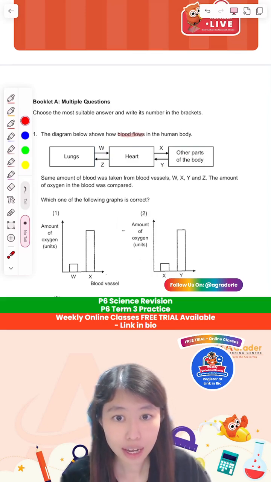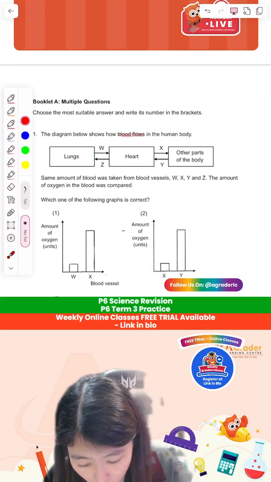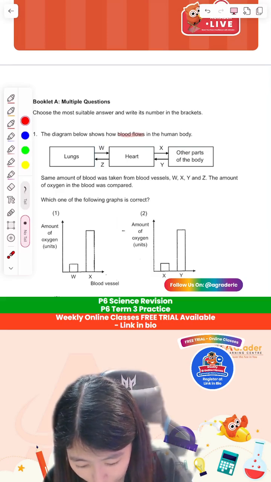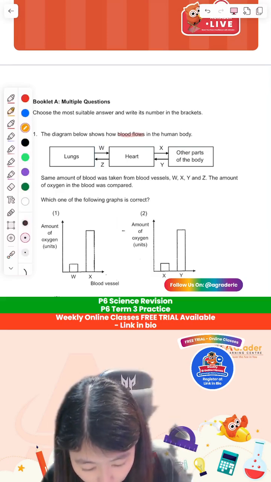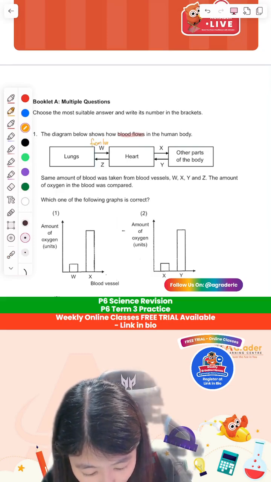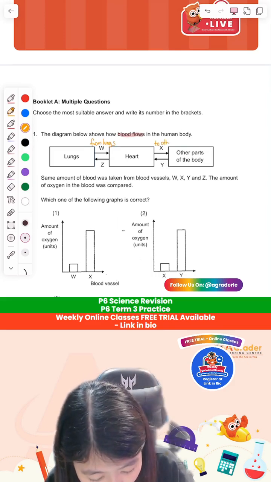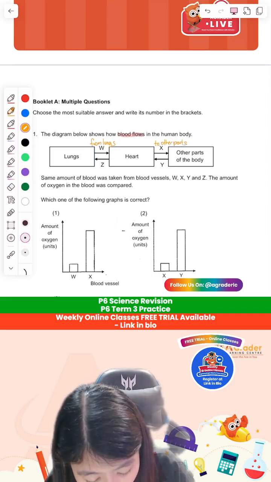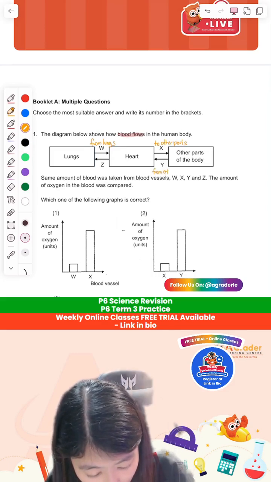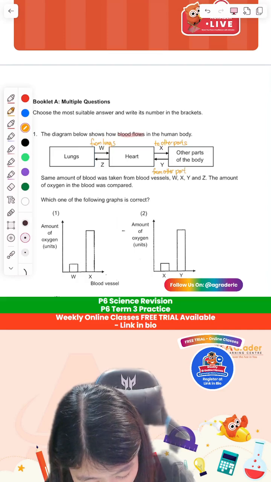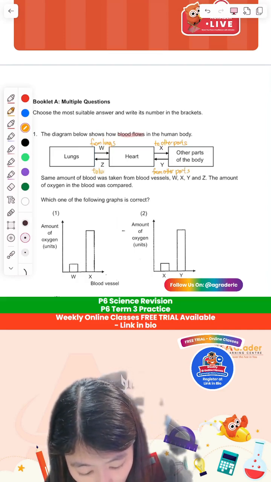So I will label W as sending blood from the lungs. X is to other parts of the body. Y is from other parts of the body. And Z is to the lungs.